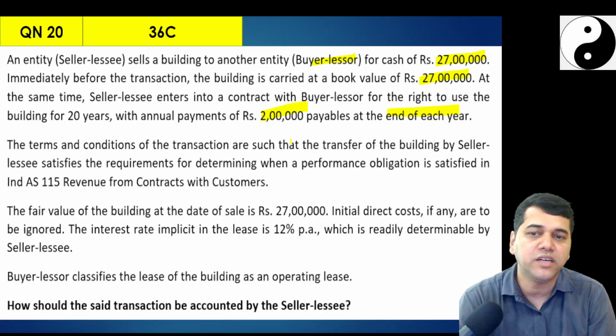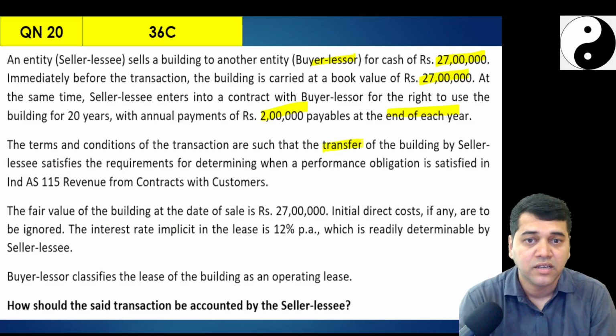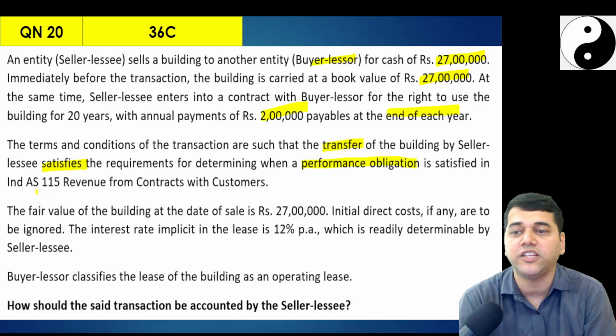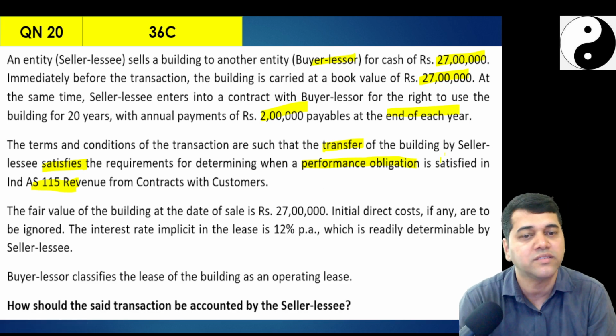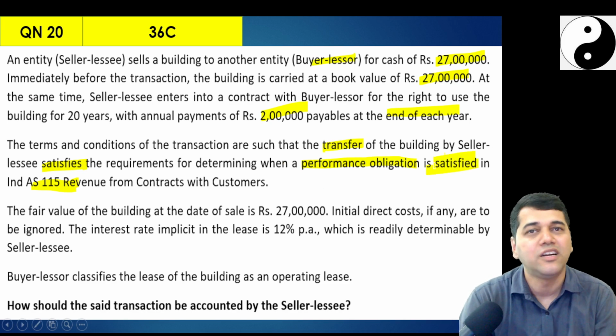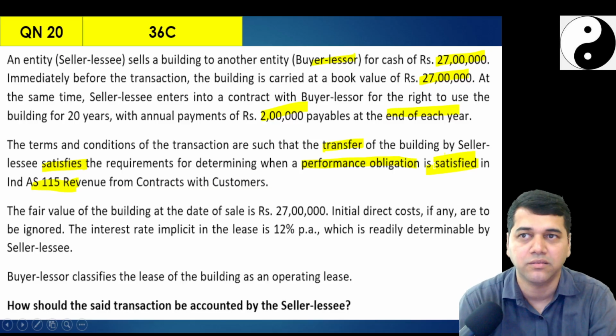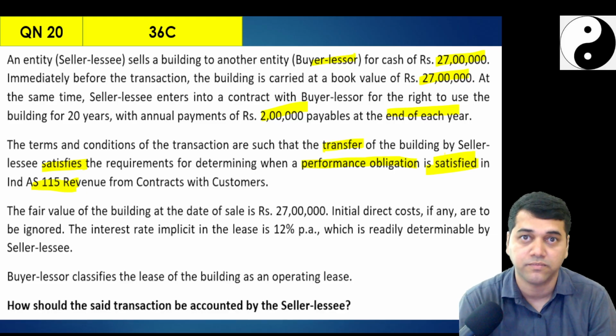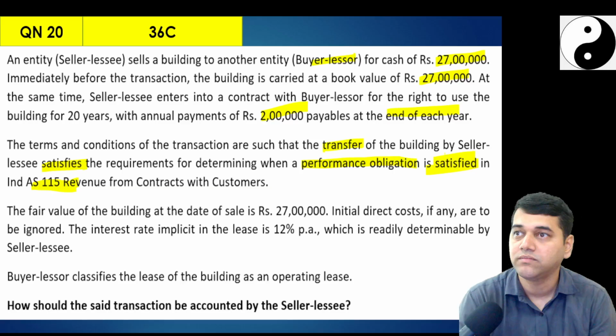Now the terms and conditions of the transaction are such that the transfer of the building satisfies the requirement when the performance obligation is satisfied. Ind AS 115, revenue from contract with the customer, is satisfied. Now control is our simple layman language, but 115 talks about one language called performance obligation. You have to use that word.